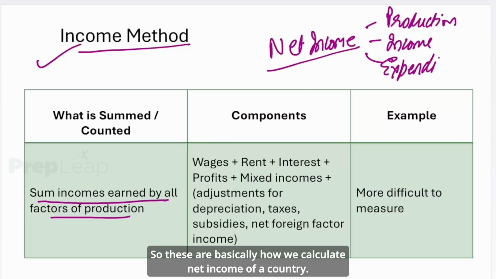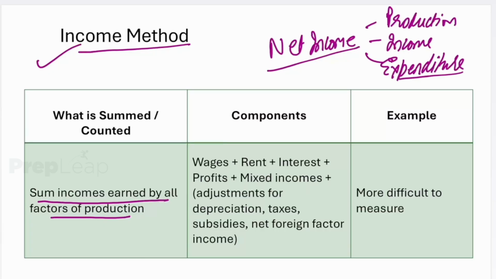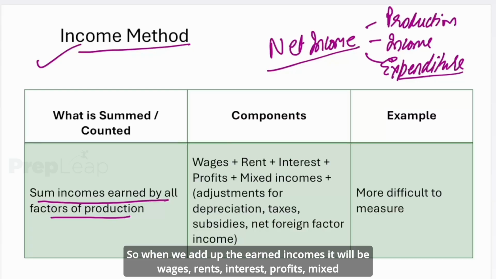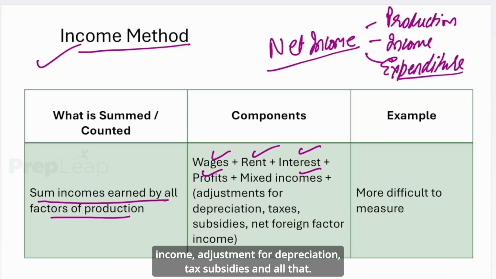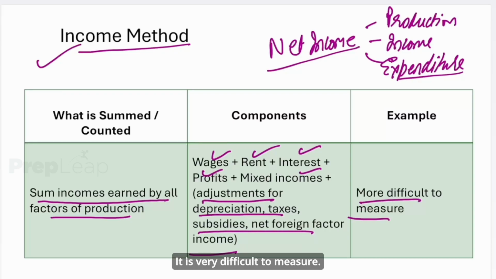So these are basically how we calculate the net income of a country. When we add up the earned incomes, it will be wages, rents, interest, profits, mixed income, adjustment for depreciation, tax subsidies, and all that. It is very difficult to measure, so we usually do not follow this approach.